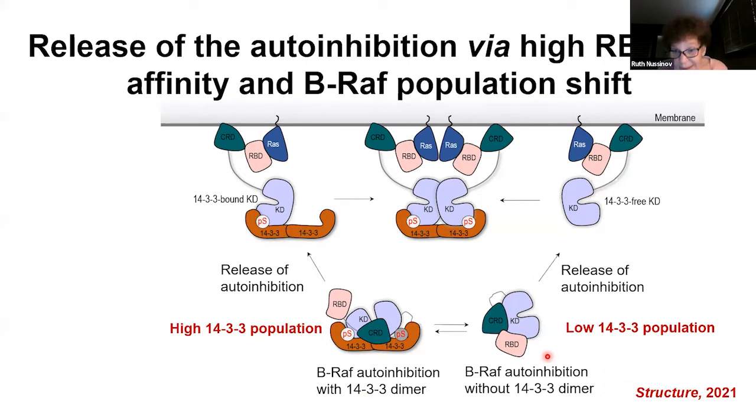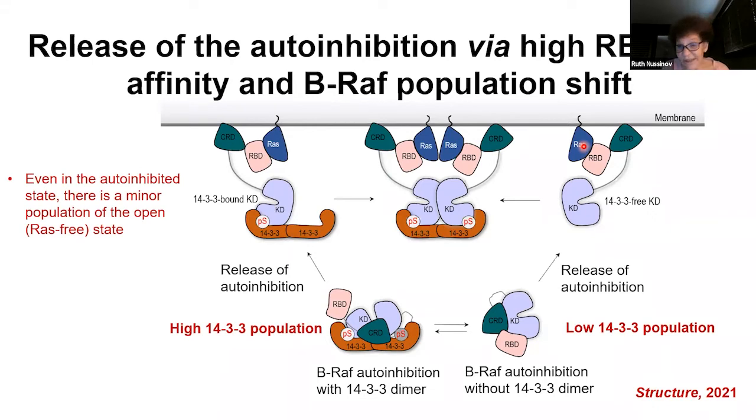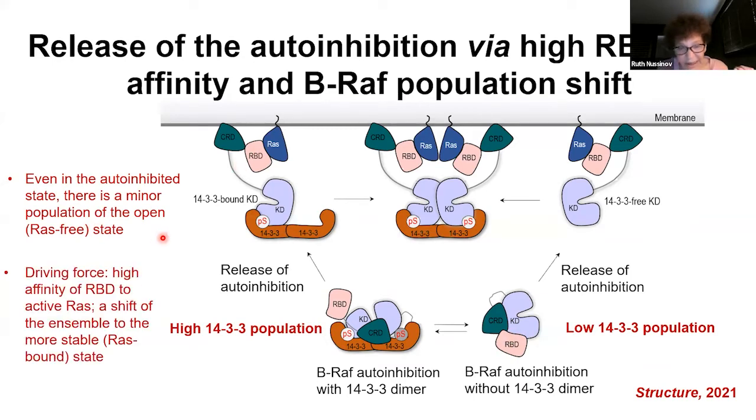So what is the mechanism through which the auto-inhibited state, whether in the presence or absence of the 1433, gets activated? What we suggested is the obvious: in solution, the highly populated state is the auto-inhibited state, simply because it is more stable. However, even in the auto-inhibited state, there is a minor population of the open RAS-free state.